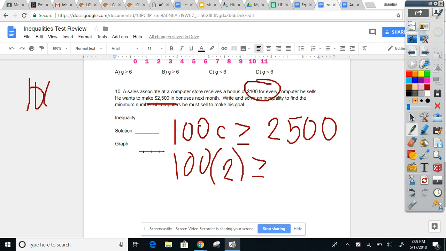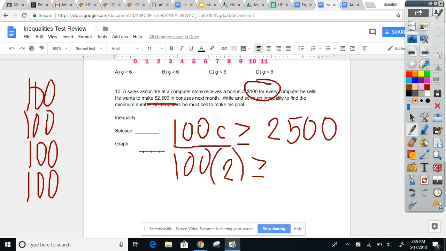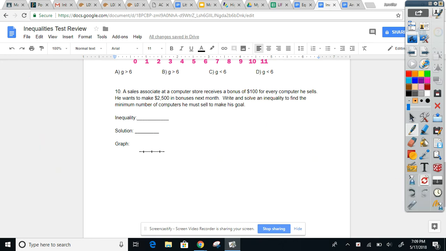So I could sell 1 computer, 2 computers, 3 computers, 4 computers. So this is why over here I'm saying 100 times C, because I'm saying I get $100 for each computer. So if I took 100 and multiplied it by 2, would I be greater than or equal to 2,500? Absolutely not.